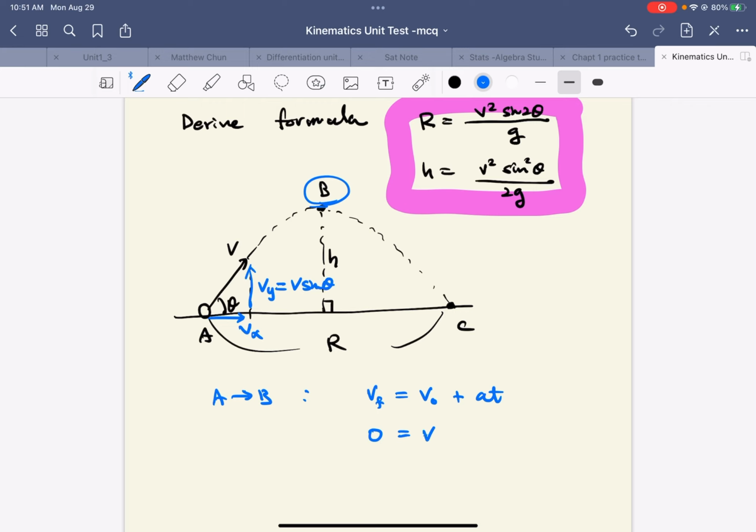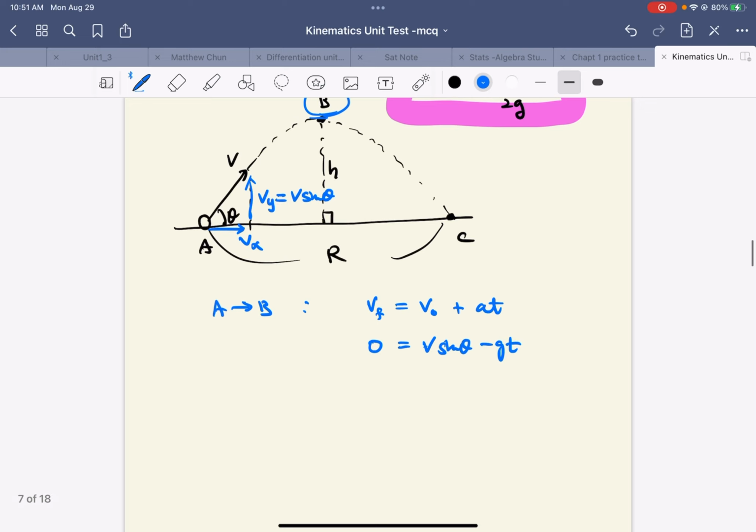So you can say 0 equals v sine theta minus gt, where the acceleration is gravity. You can isolate t here: gt equals v sine theta. So your time to reach the maximum height is v sine theta over g. So leave it like that.